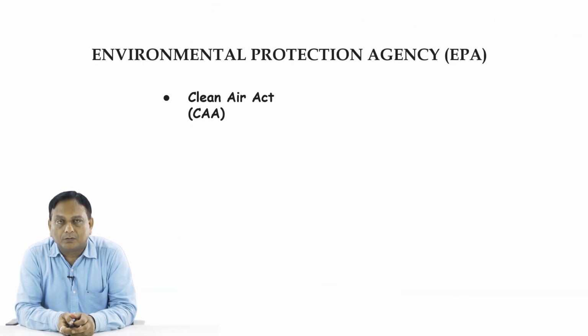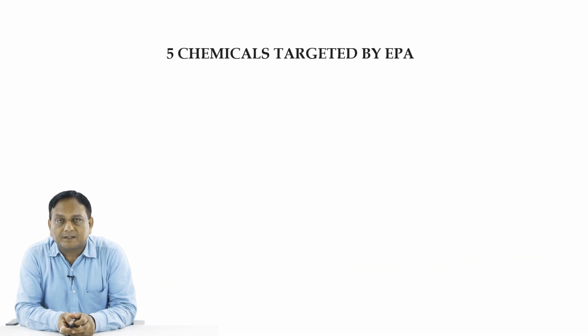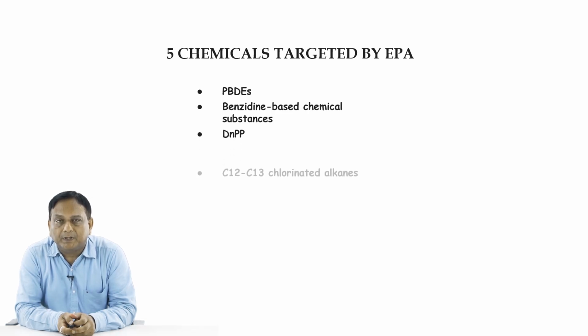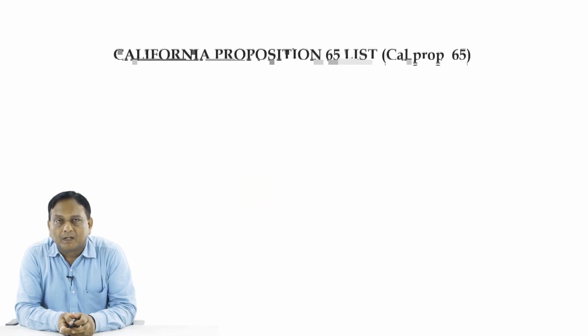This also talks about the Clean Air Act, CAA, and the chemicals targeted by EPA include PBDEs, benzidine-based chemical substances which are found in azo colors, DINP phthalate-based products, C12 to C13 chlorinated alkanes and HBCDs. All these chemicals are targeted by the Environmental Protection Agency.